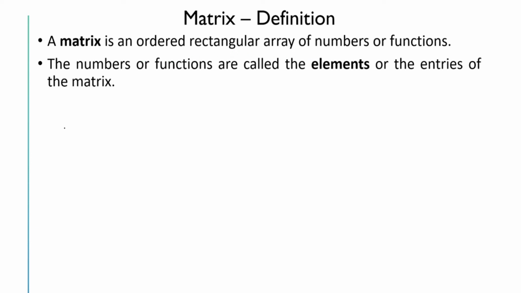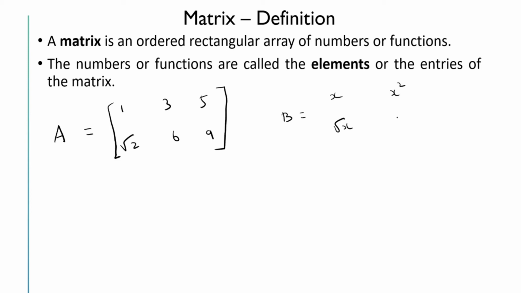Usually matrices are denoted with capital letters. So A, B, C, etc. So let us take, let A is equal to 1, 3, 5, root 2, 6, 9. So this is a matrix. A is a matrix. Or let us take B is equal to x, x square, root x, 5x square.